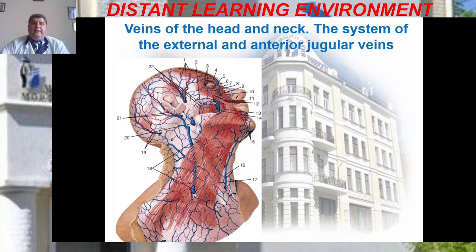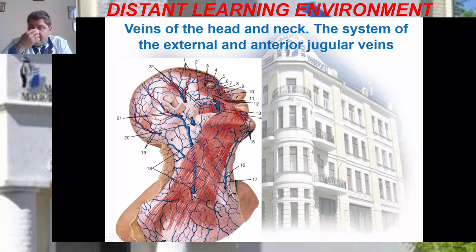So we talked about the internal jugular vein, but now you must know that two other veins are formed at the posterior part of the head. You may see this one is the external jugular vein, and also on the anterior part of the neck, the anterior jugular vein.